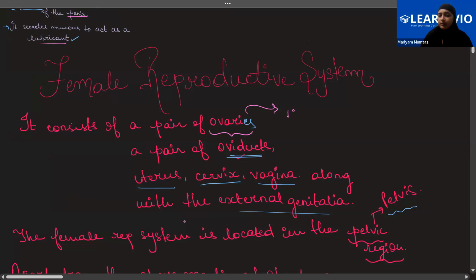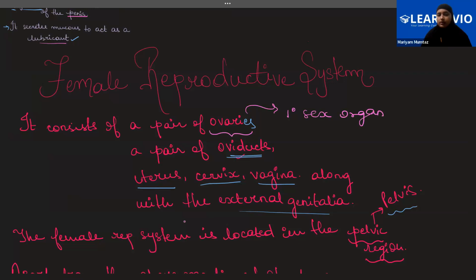And this is the primary sex organ for females. Apart from that, a pair of oviducts or fallopian tubes. If you say oviduct or fallopian tube, it is the same. Then there is the uterus, cervix, vagina, along with the external genitalia.